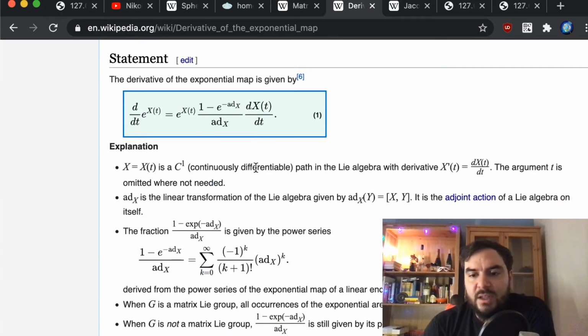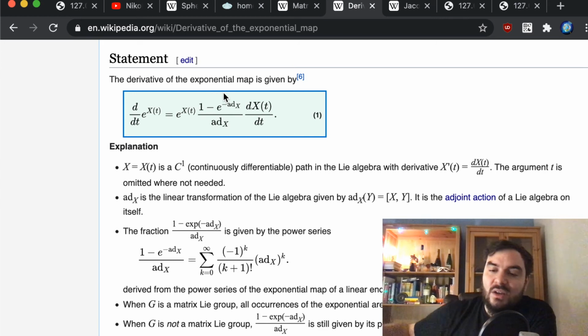And the formula that we need, in a simplified version, is this thing. If you take the derivative of e to the x, where x depends on t, then in general, it is that thing, where this expression here, small ad x, is just taking the commutator with x, and this is to be understood as a polynomial series, a series expansion of the function (1 minus e to the power of minus z) divided by z.